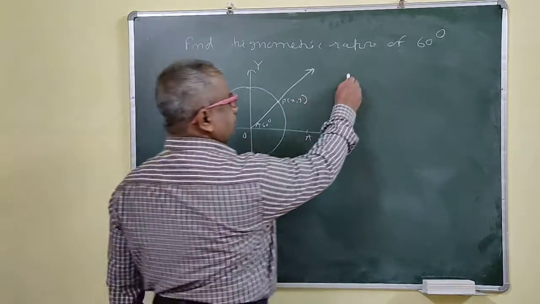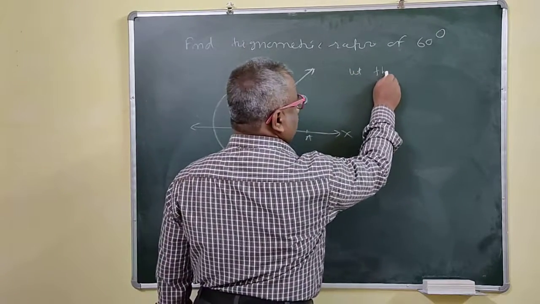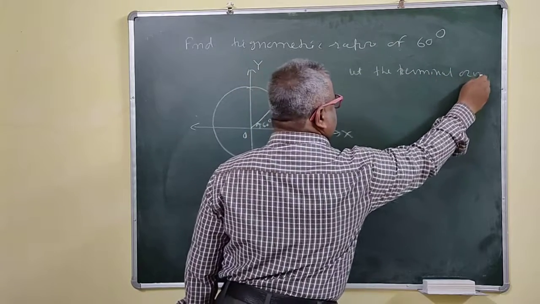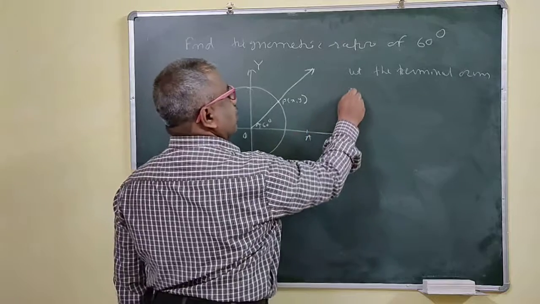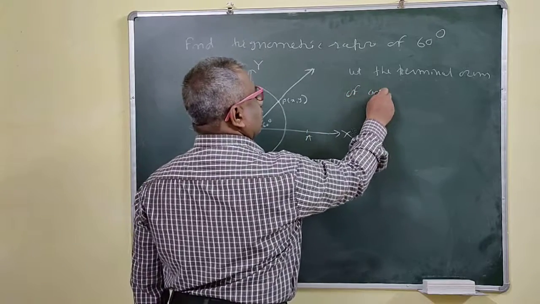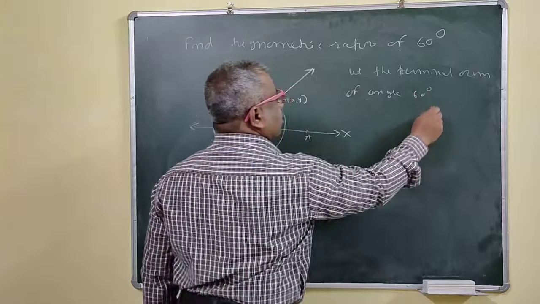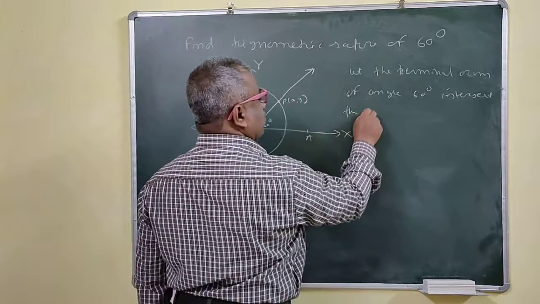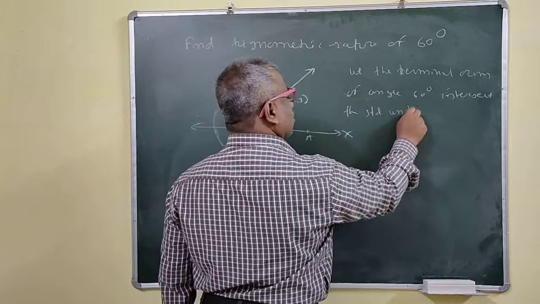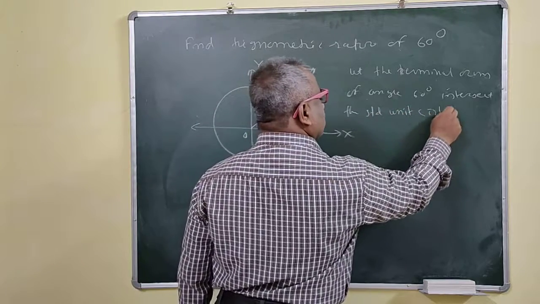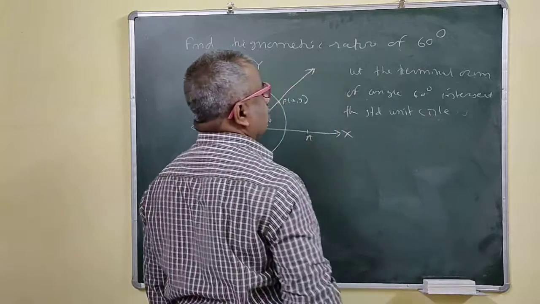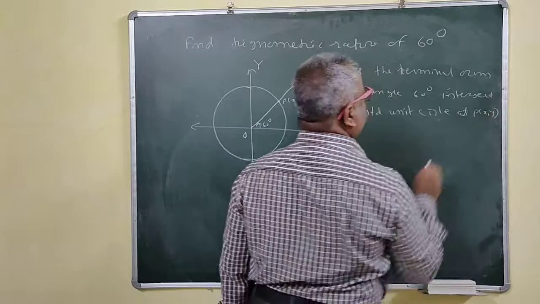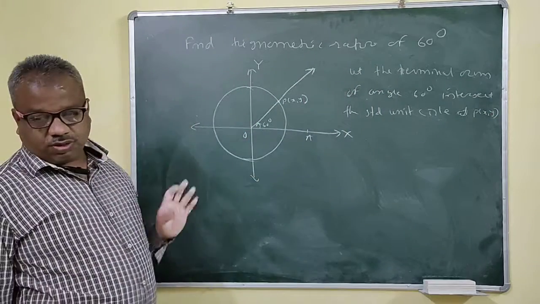So let the terminal arm of the angle 60 degree intersect the standard unit circle at P(x, y). Okay? This is the standard unit circle.